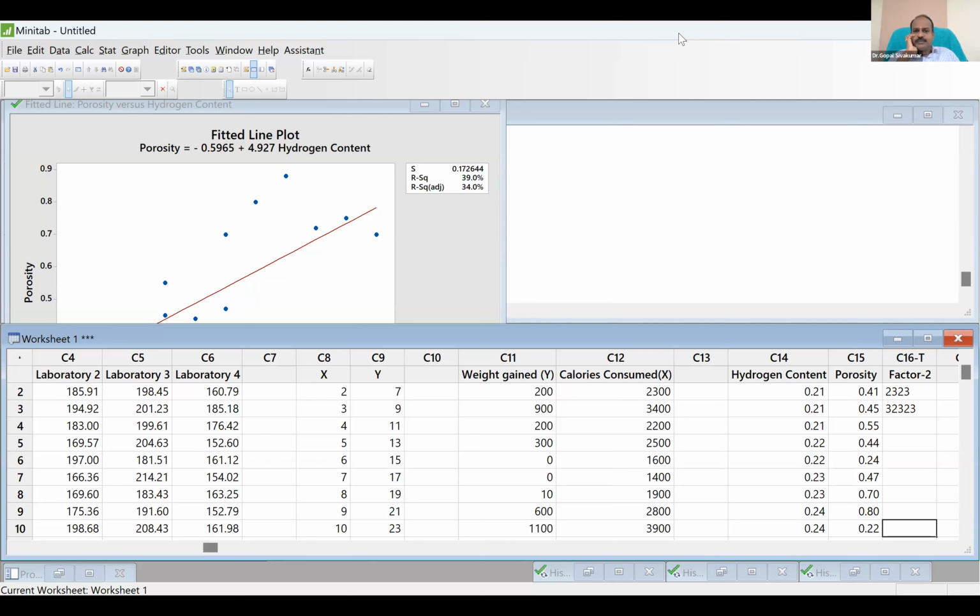Do you understand, all of you? Are you getting confused? You're not getting confused, right? If R square is more than 80%, your analysis is over. You can move on to the improve phase.